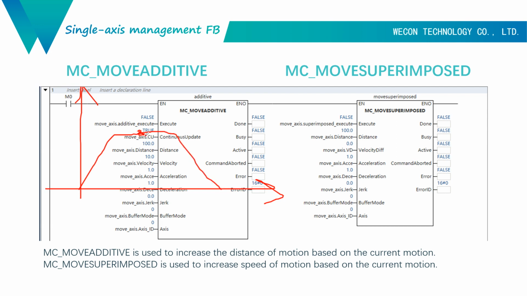And at this point we execute this function block, and we use buffer mode as 1. Then the motor will continue to finish the current movement, stop here, and then begin to execute our new function block, this one. So this is the difference between buffer mode 1 and buffer mode 0.